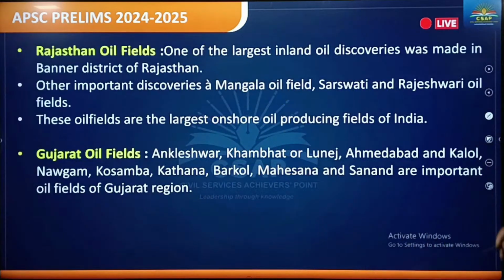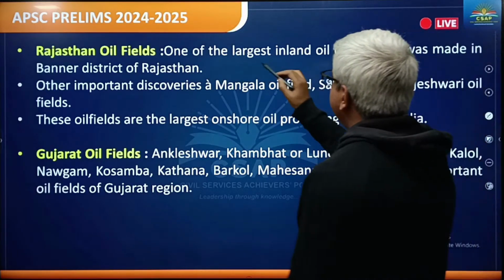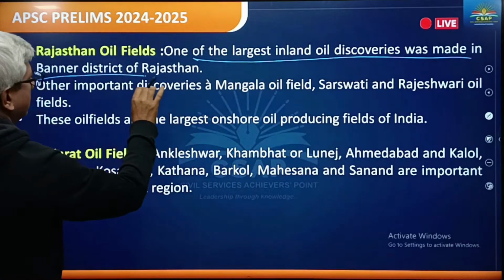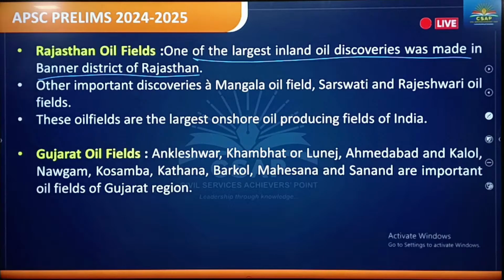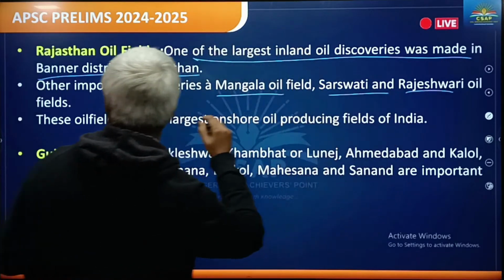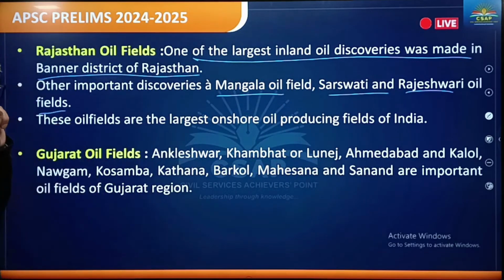Then Rajasthan oil fields. One of the largest inland oil field discoveries was made in Barmer district of Rajasthan. Other important discoveries are the Mangala oil field, Saraswati and Rajeshwari oil fields. These are the largest oil producing fields of India in Rajasthan.